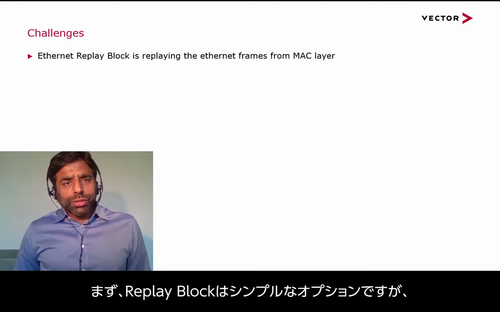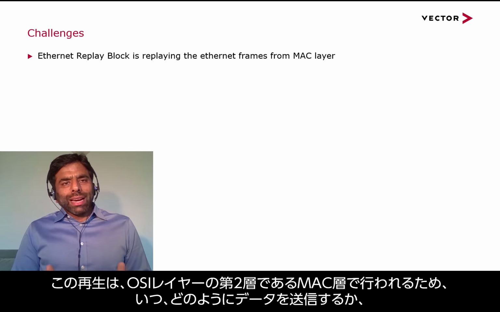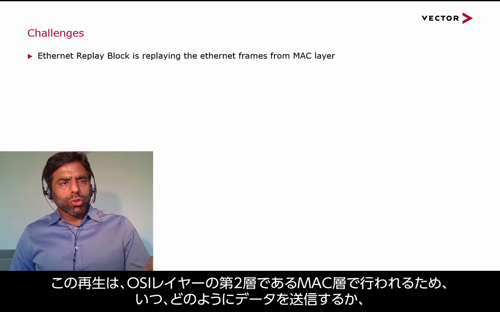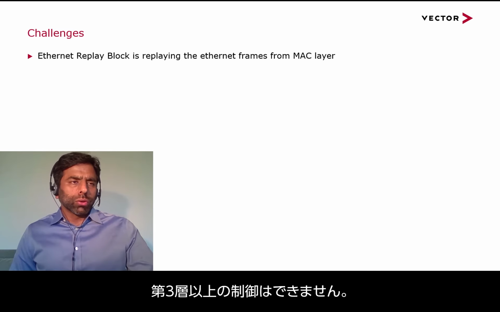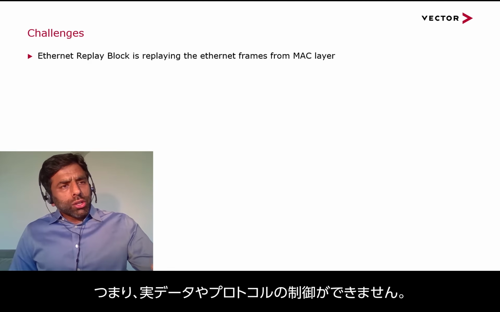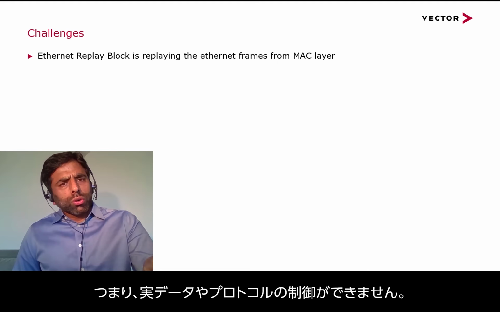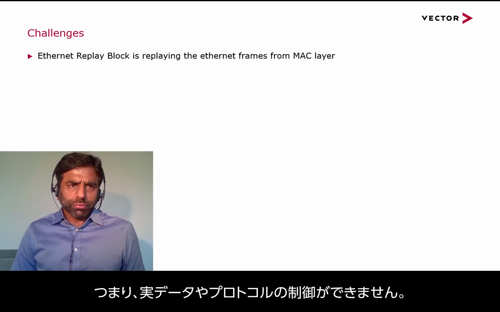First of all, from the replay point of view, the simple option available is the replay block. But that replay is done on the MAC layer, on layer 2. So you wouldn't have any control over how and when you would be transmitting this data, nor over the embedded protocols within the frame as well as the actual data.